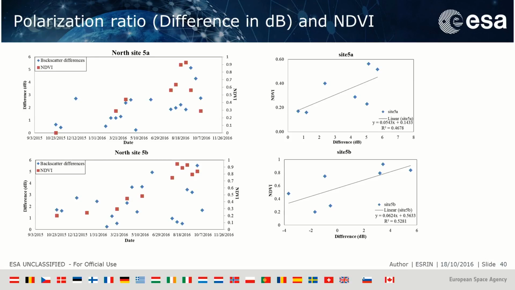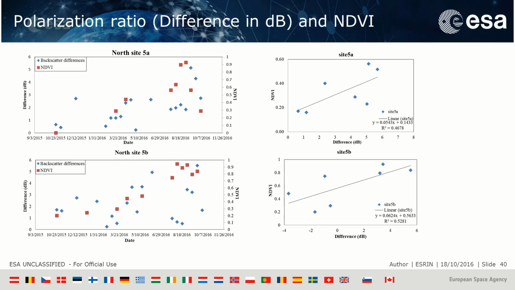So the polarization ratio is related to the canopy, and we were correlating the polarization ratio with the NDVI, since the NDVI is the index that represents vegetation.